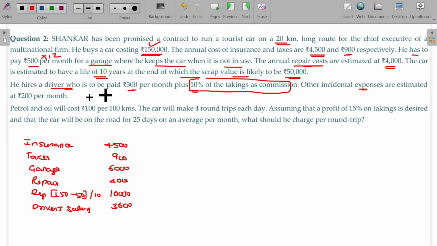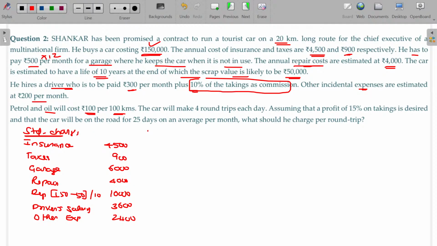Other incidental expenses are estimated at rupees 200 per month. Other expenses, 200 per month means 2,400. Petrol and oil cost rupees 100 per 100 kilometers. These are the variable expenses, and the earlier ones are fixed charges or standing charges.